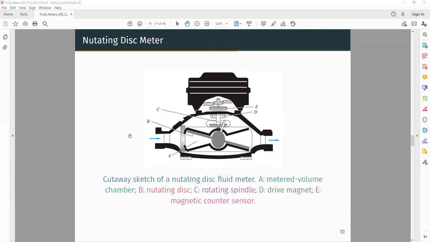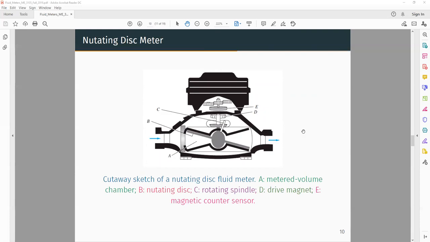The fluid comes inside this cavity, and as the fluid comes, this is a 3D motion. In 3D, it rotates the disc here, and from this strap it goes to this strap and then goes by. And as this one rotates and changes position, the fluid comes from another direction and again passes in a similar form.